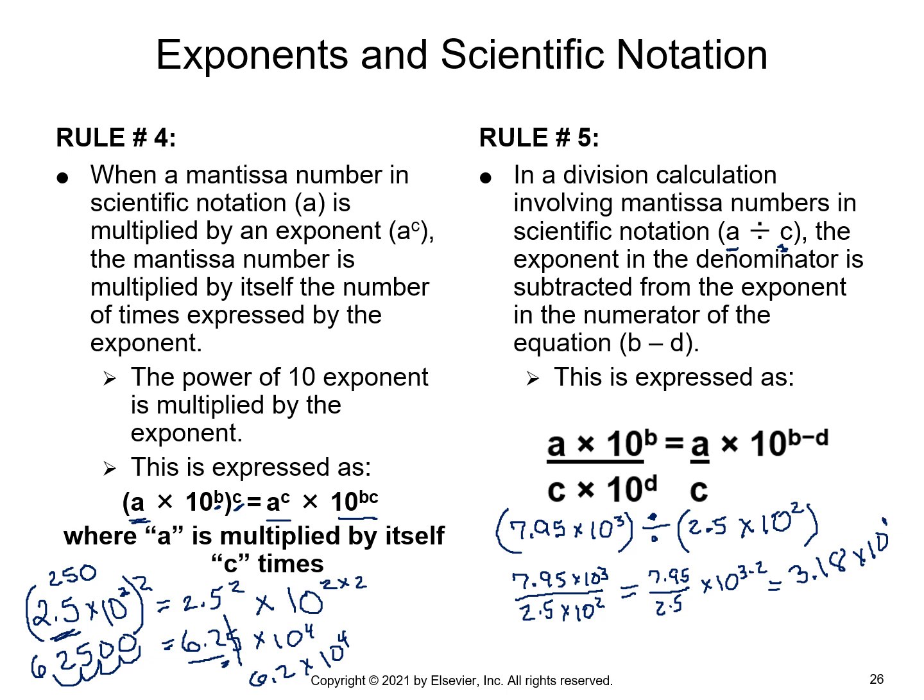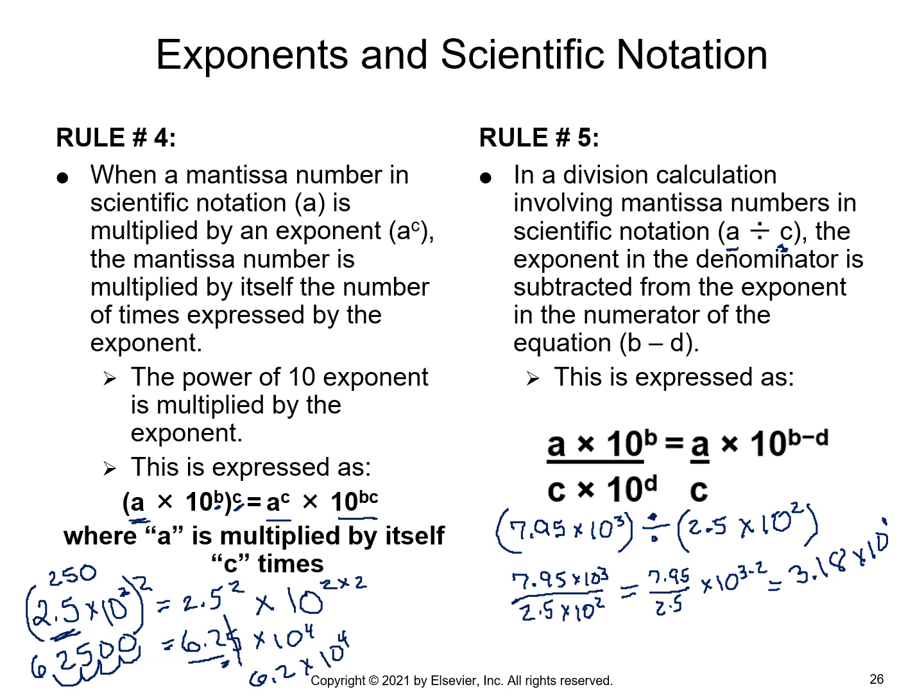So here's our example of 7.95 times 10 to the 3rd divided by, so that's a divided by c, 2.5 times 10 to the 2nd. We've got that written out here: 7.95 times 10 to the 3rd over 2.5 times 10 to the 2nd.